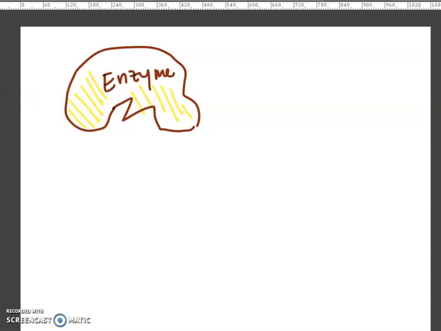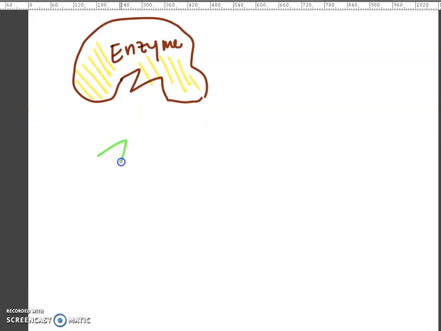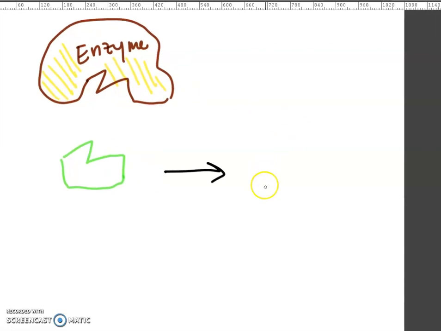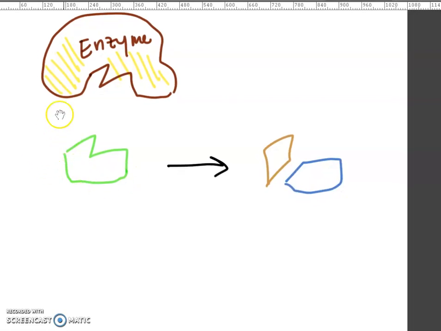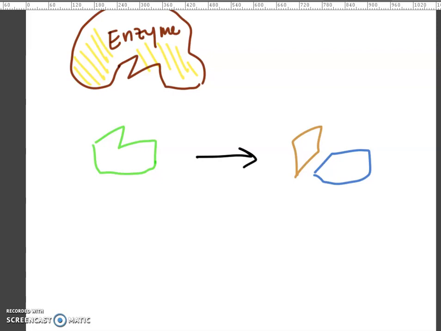So here's an enzyme, and my goal as an enzyme is to try to help this guy become two individual products. So this is my goal. So this is my chemical reaction. So this is the thing that normally happens.